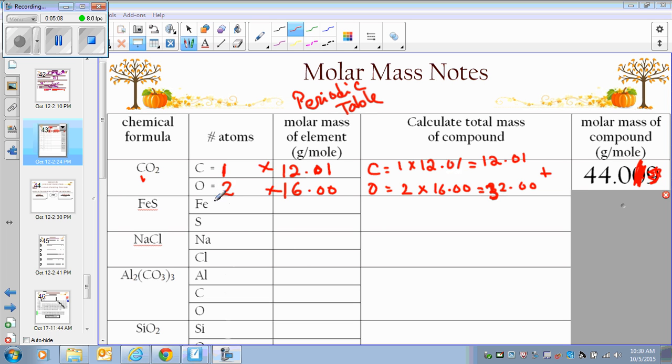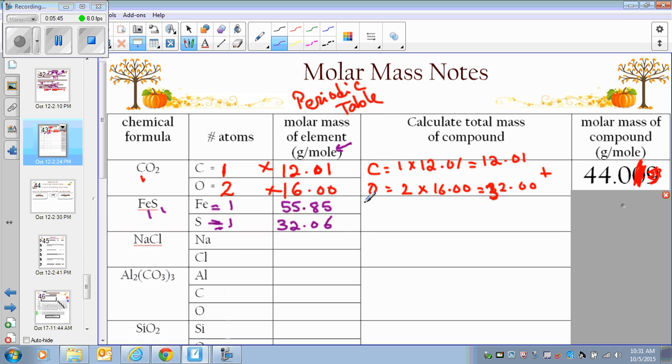Same thing, let's do another example for iron(II) sulfide. How many atoms of iron do I have? Only one, and one atom of sulfur. Then I go to the periodic table to get the information for iron, which I see here is 55.85 grams per mole. You see the unit is grams per mole. And the molar mass for sulfur is 32.06.